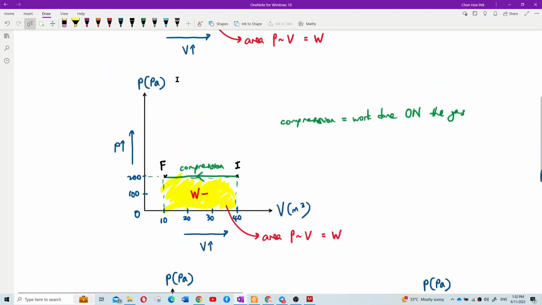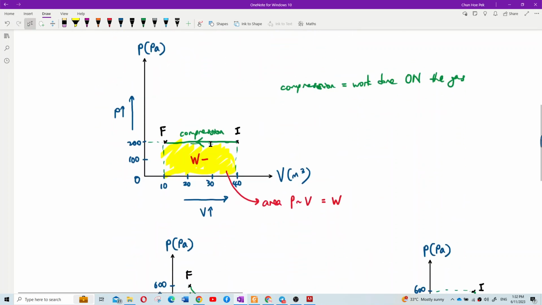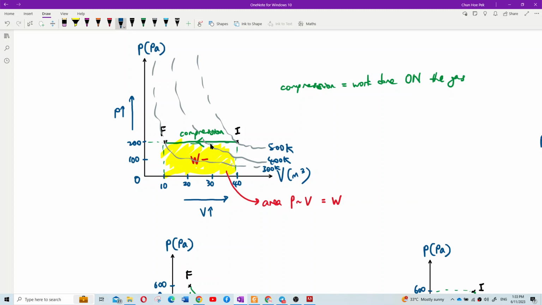Okay. How about this process, class? By now it's the other way around, so you should understand already, right? There's an isotherm line going from 300 Kelvin, 400 Kelvin, 500 Kelvin. What happened to the pressure? Let's talk about pressure first.